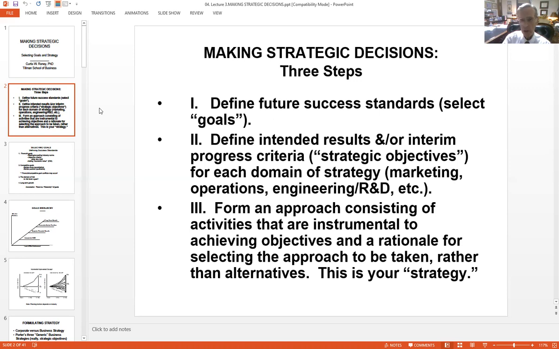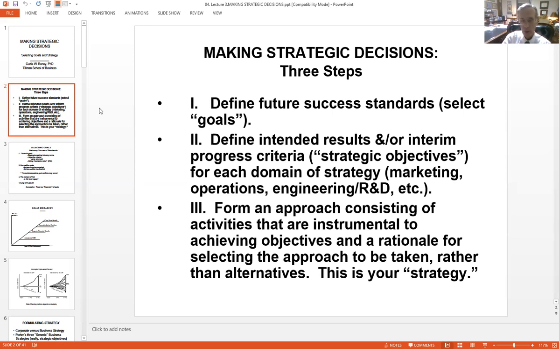But here you can see that I'm sort of confessing now to having used a little sleight of hand earlier, because in fact, there are 3 steps or 3 stages in making strategic decisions.